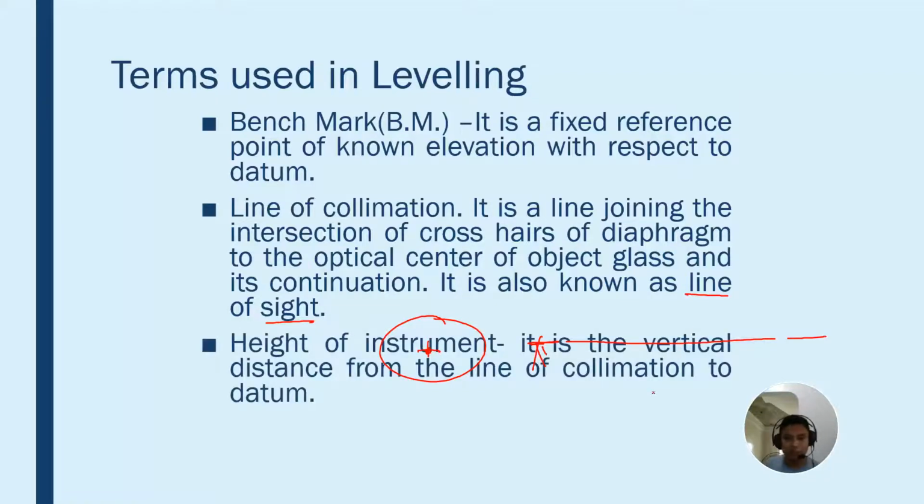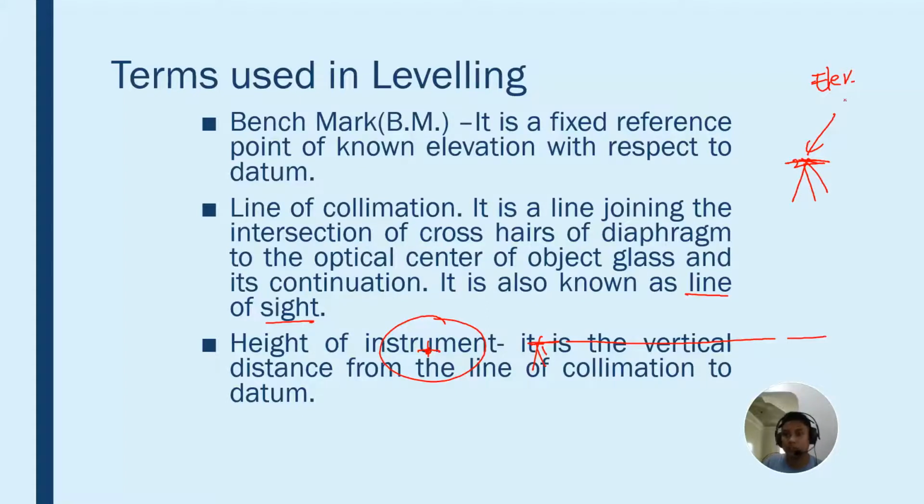Height of instrument is the vertical distance from the line of collimation to the datum. So usually in differential leveling, the height of instrument is simply the elevation. When I have the instrument here, it is simply the elevation of the line of sight where I put the instrument.